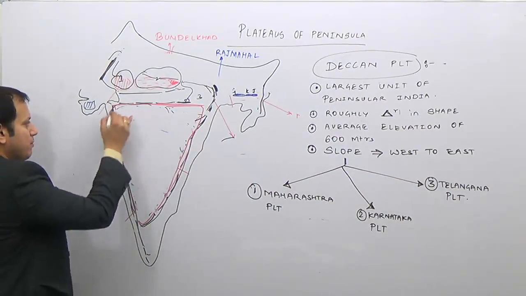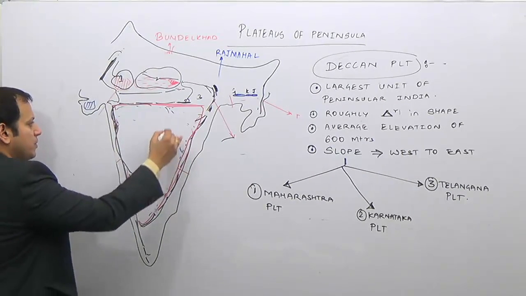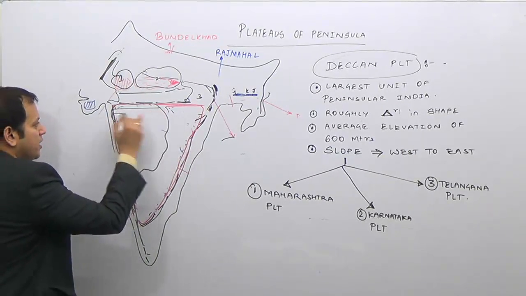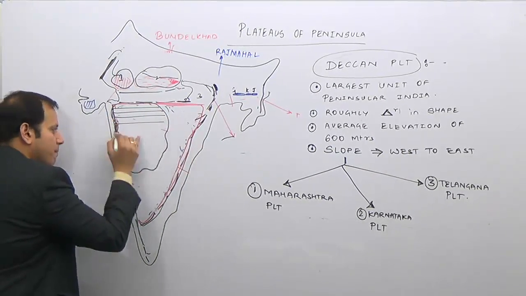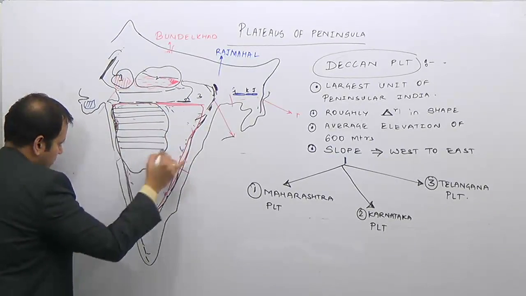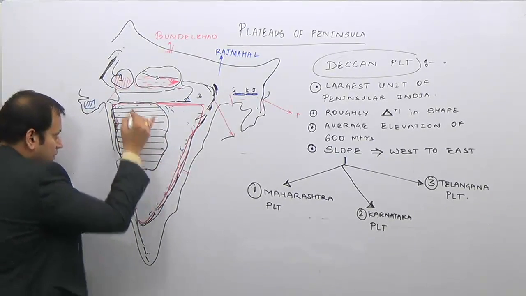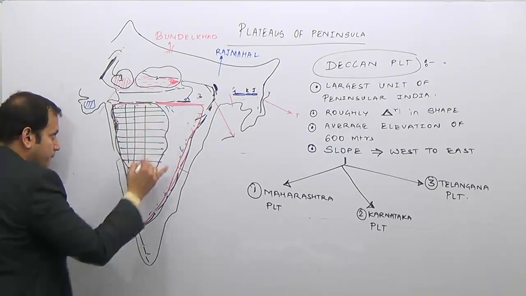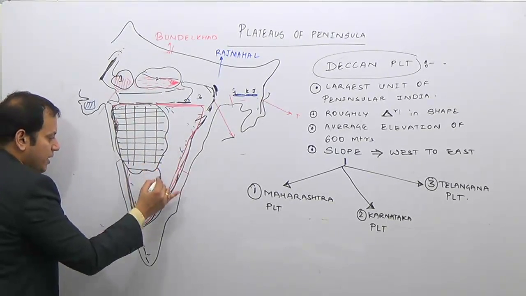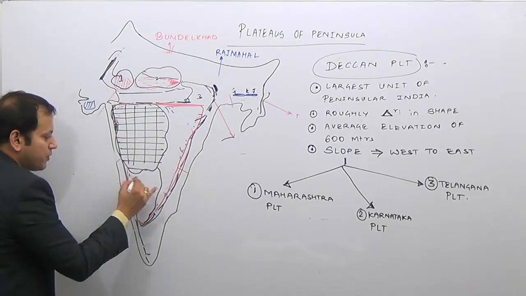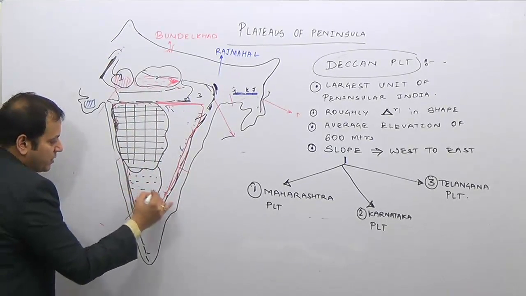That is the Maharashtra Plateau. This part which I am shading black is the Maharashtra Plateau region. This part is the Karnataka Plateau region, which I am marking by dots.